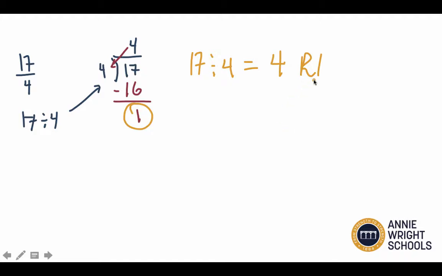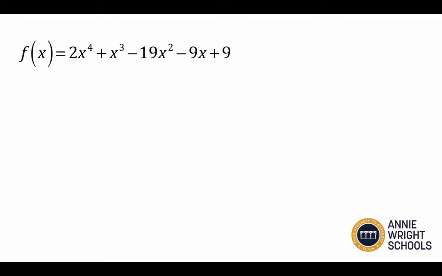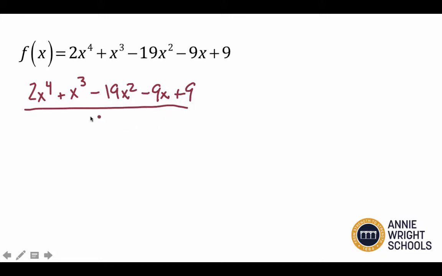All right, so how are we going to divide polynomials? Well, I'm going to cheat a little bit here because we usually don't know this. We're going to take 2x to the 4th plus x cubed minus 19x squared minus 9x plus 9, and we are going to divide that by x plus 3. So, how do we do this?